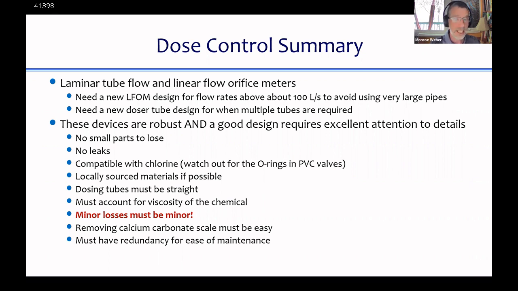They need to be designed so that there are no small parts to lose. I'll give another example of things that we learned. Early on, we were experimenting with what connection system to use to connect between the small tubes and other plumbing pieces. And we got some quick connect plumbing, and those quick connect fixtures have little parts that can come apart.